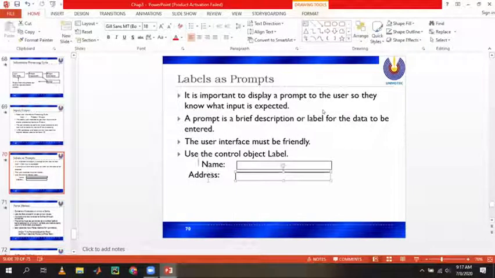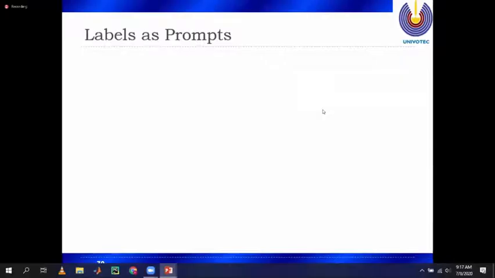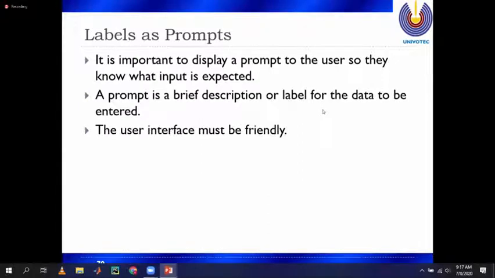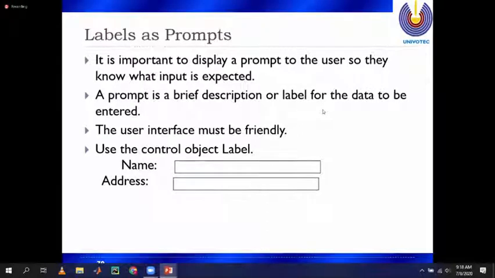The name and address captions are permanently displayed as labels. But if you don't want input and only want output, you can display the name and address all in labels. That's also a user interface.